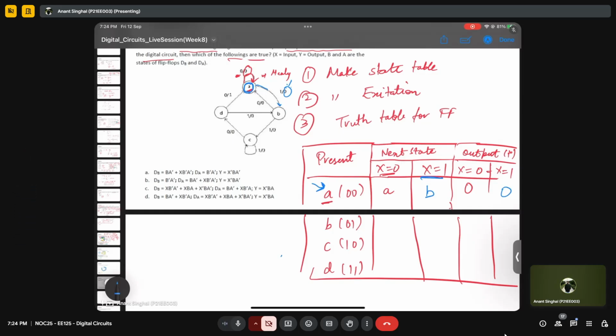So for B, when the input is 0, the output is 0 and it goes back to A. When the input is 1, it goes to C and the output is 0. Similarly for C, when the input is 0, the output is 0 and it goes to D. And when the input is 1, the output is 0 and it goes back to C again.